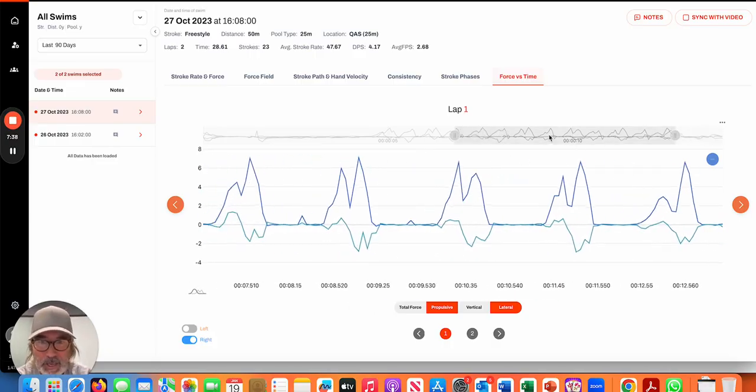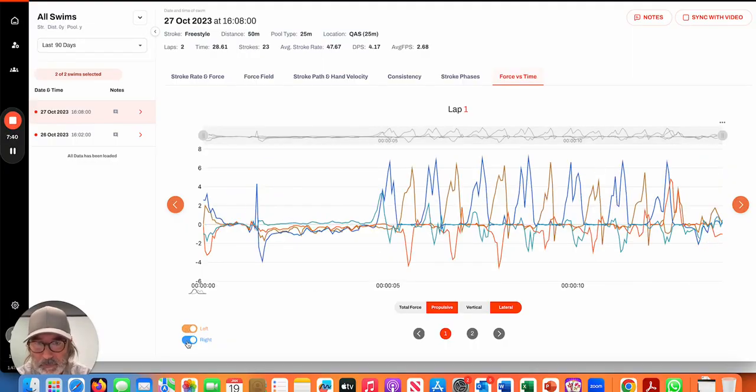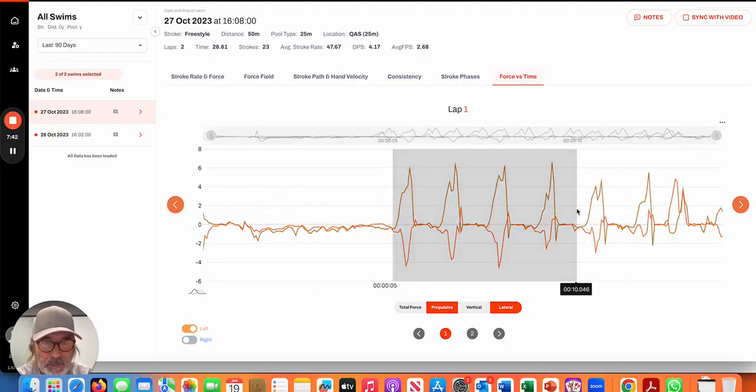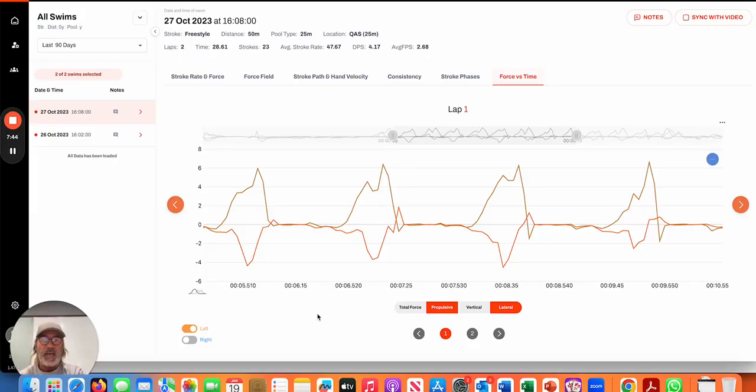Isn't that fascinating? Now, let's have a look at his left hand. Now, the left hand, as I said before, doesn't appear to have an outward-facing component. I'll swap hands. It tends to be primarily facing in and getting inward force coming in here.